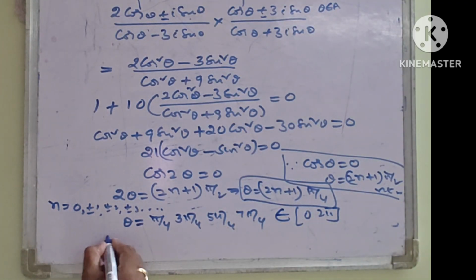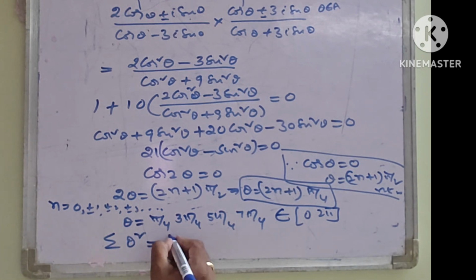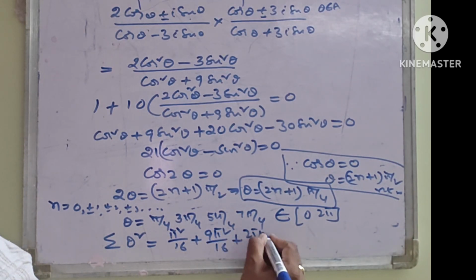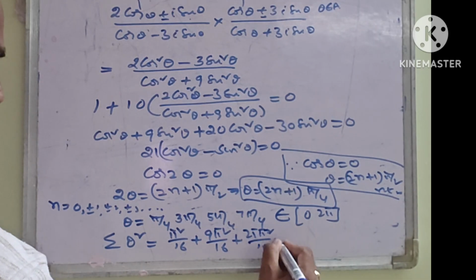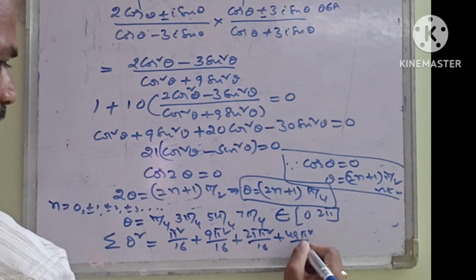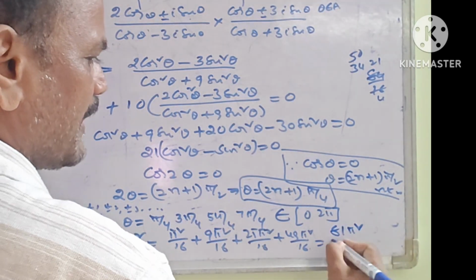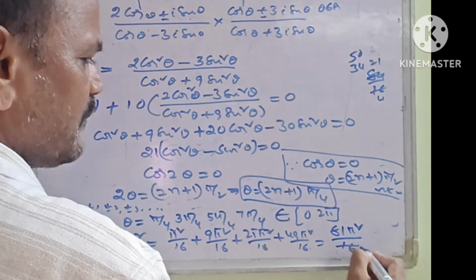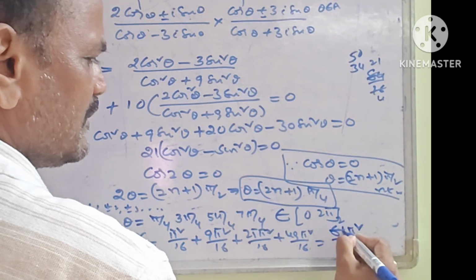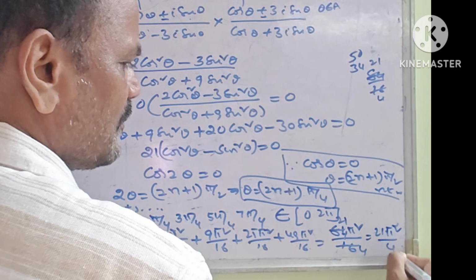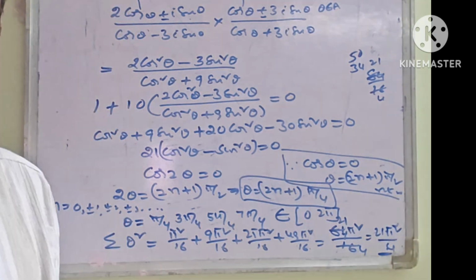Now the given sum is theta square: pi square by 16 plus 9 pi square by 16 plus 25 pi square by 16 plus 49 pi square by 16. So the total is 84 pi square by 16, which gives 21 pi square by 4. The answer is 21 pi square by 4.